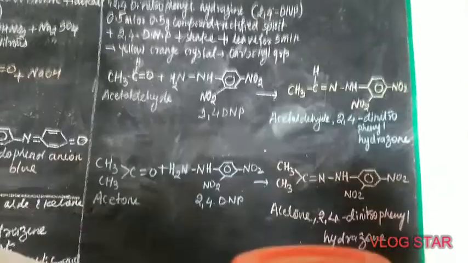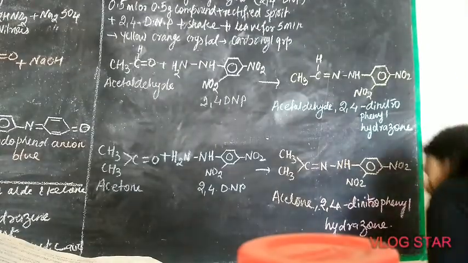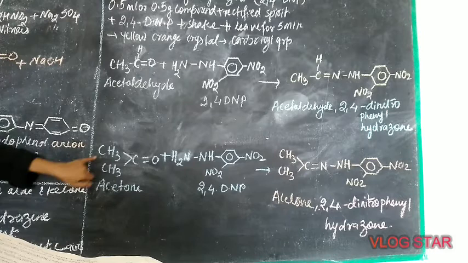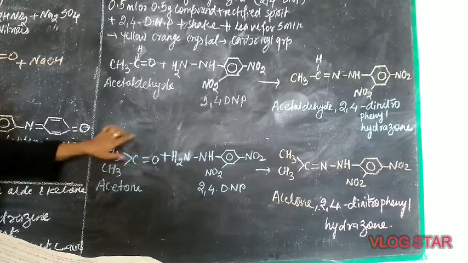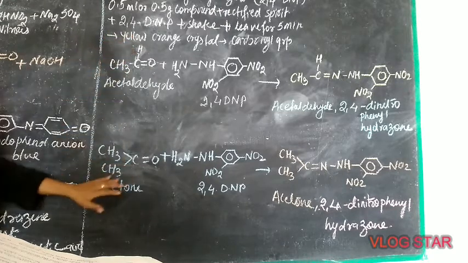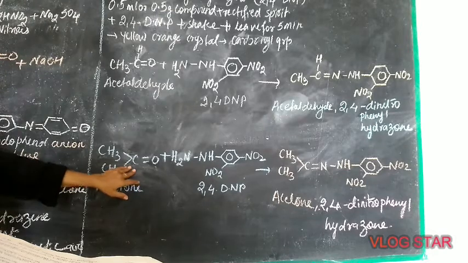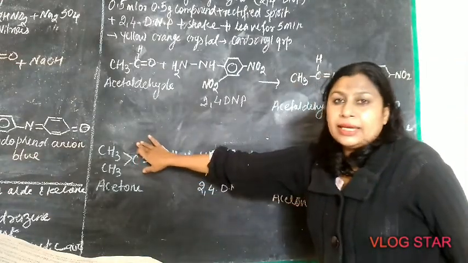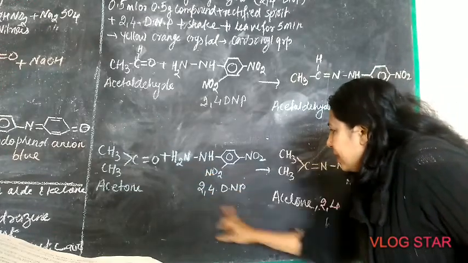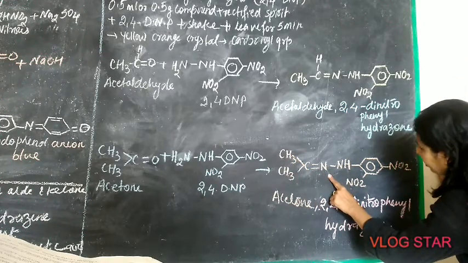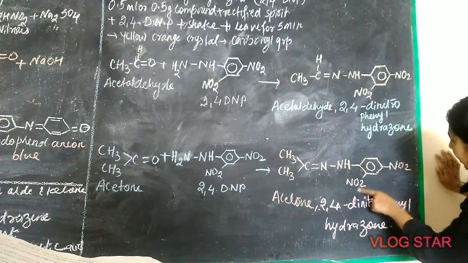Now, if the compound is a ketone, here it is acetone we had taken, CH3, C double bond O. The difference between aldehyde and ketone, you know well children: with an aldehyde at least one H is there, and here both valencies of the carbonyl carbon are satisfied with alkyl groups. Plus 2,4-DNP gives CH3, C double bond N, NH, the aromatic ring, NO2, NO2.